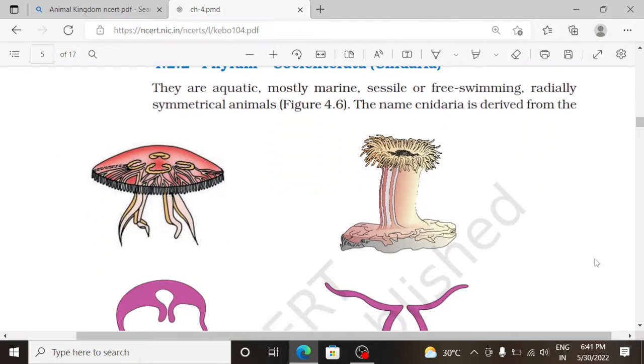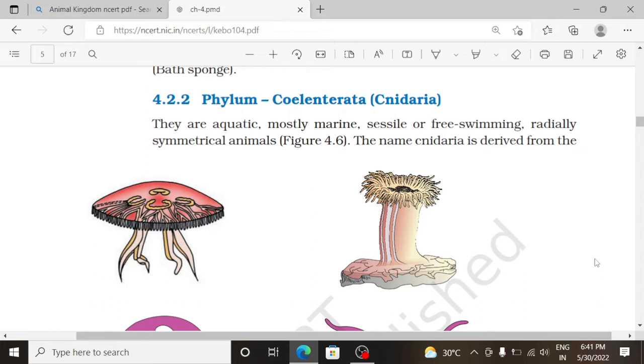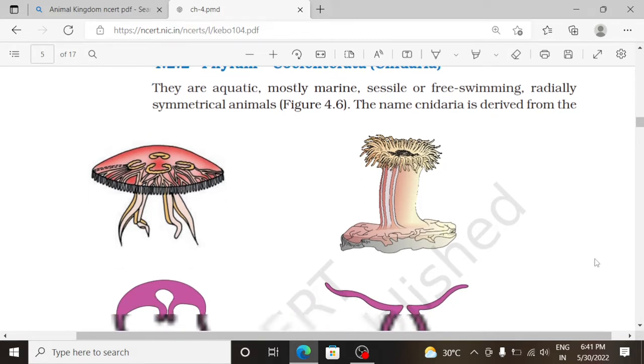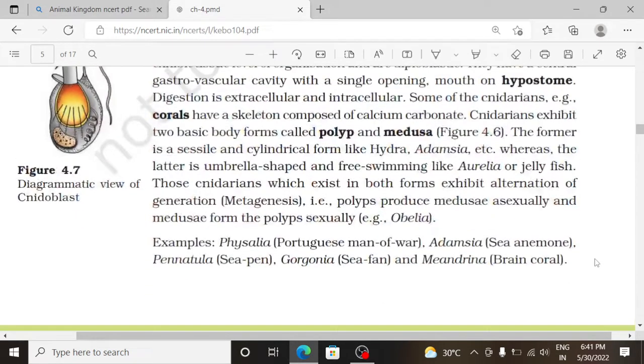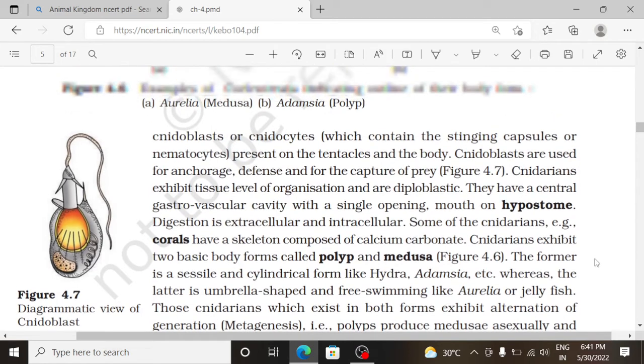Phylum Coelenterata, which is also called Cnidaria. They are aquatic, mostly marine, sessile or free swimming, radially symmetrical animals. The name Cnidaria is derived from the cnidoblasts or cnidocytes, which contain the stinging capsules or nematocysts.